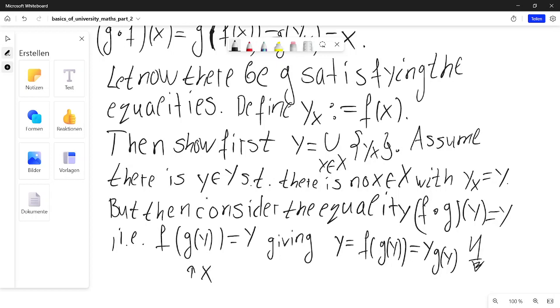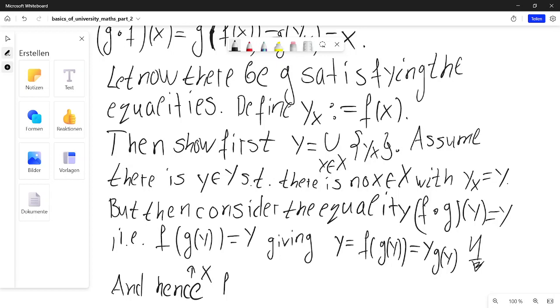And as I said, we can do it without contradiction. We could just say, well, there is actually a y such an element of x that it works, and hence our assumption was wrong, that there is y element Y such that there is no element x.